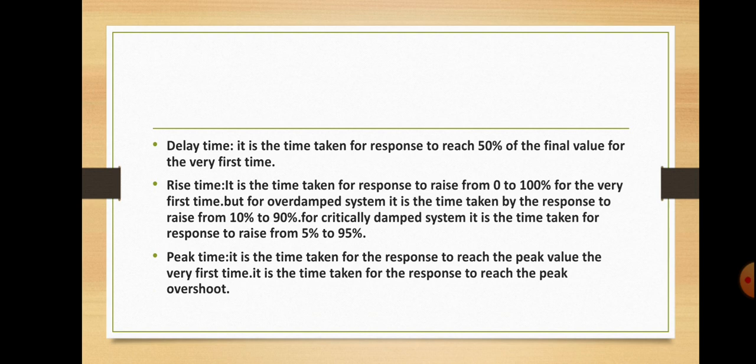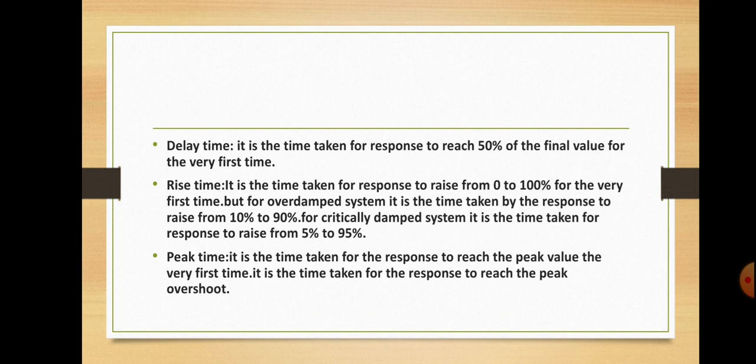So we can say that the rise time in the case of an overdamped system is the time taken by the response to rise from 10% to 90%. And for a critically damped system, it is the time taken for the response to rise from 5% to 95%.